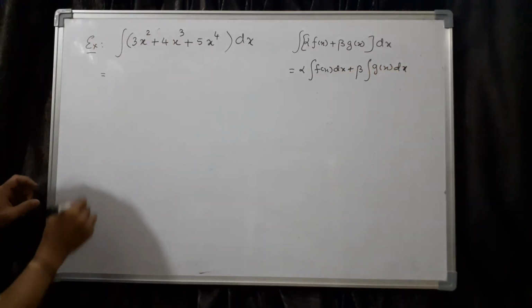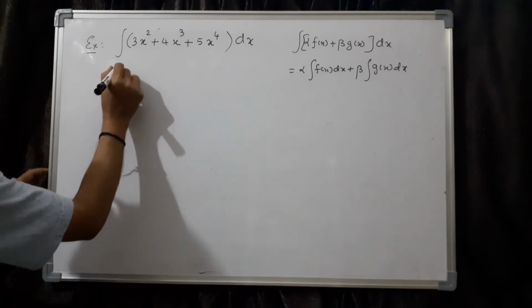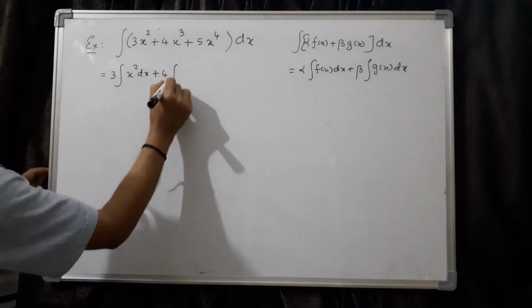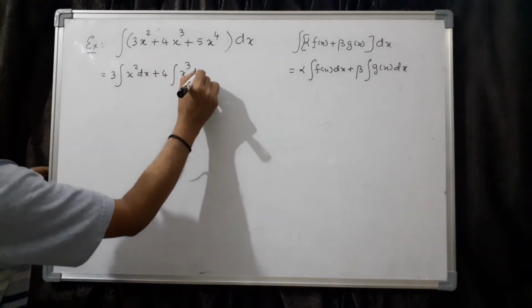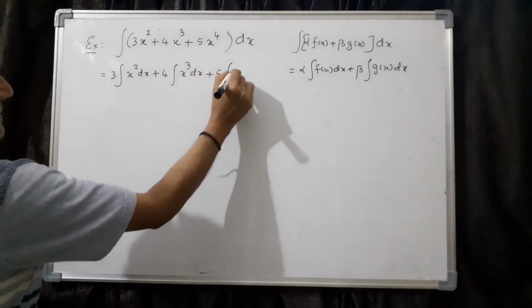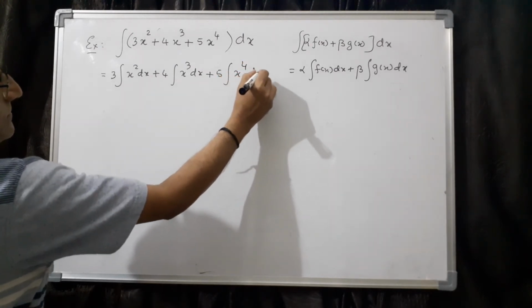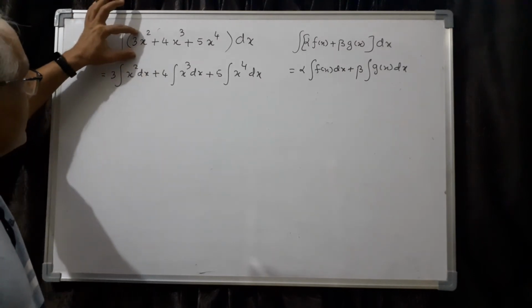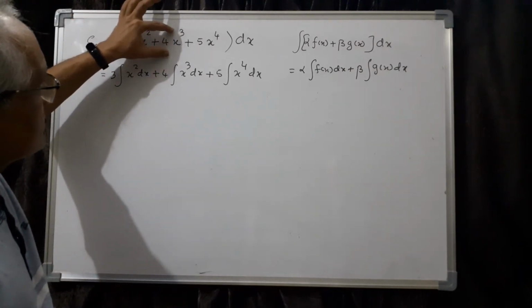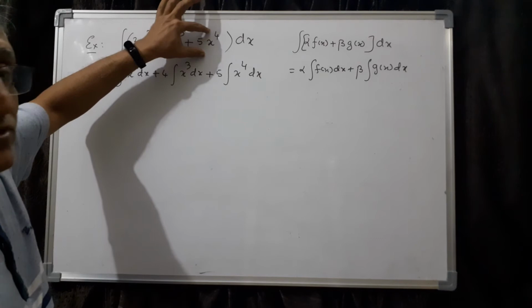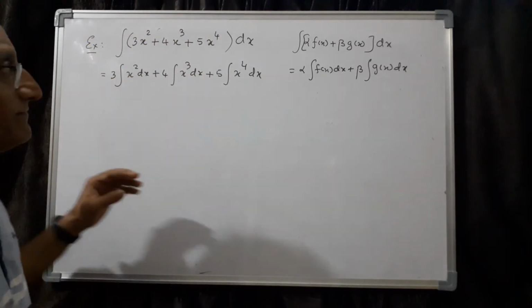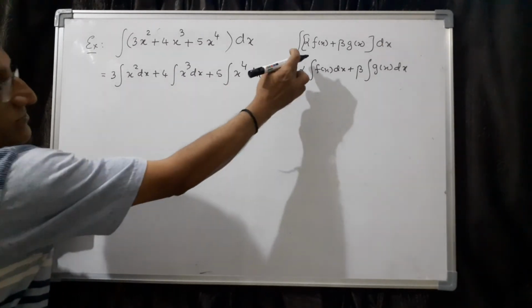Therefore, you can write this equal to 3 into integration of x square dx plus 4 into integration of x cube dx plus 5 into integration of x4 dx. So I am using this property. You can also do one more step if you want: this integration separately, this integration separately, that is the addition rule. Then the scalar multiplication rule, taking the constant. Both are one and the same, so you can cut short one step if you use this property.